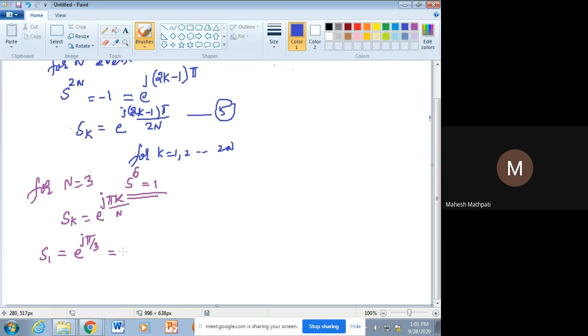For your understanding, let me write here: this can be written as cos pi by 3 plus j sin pi by 3.